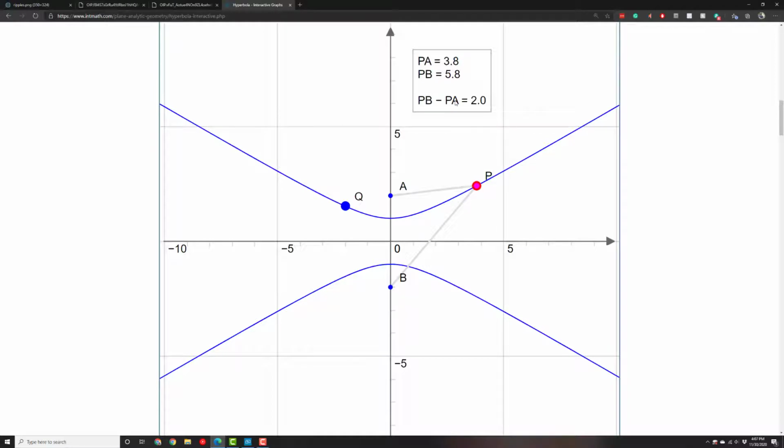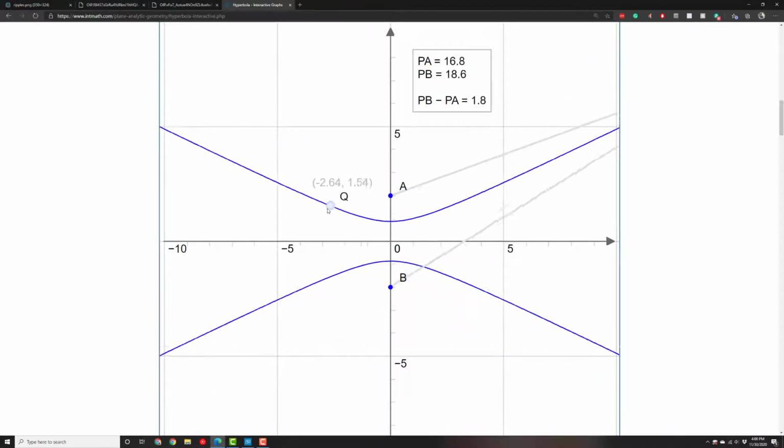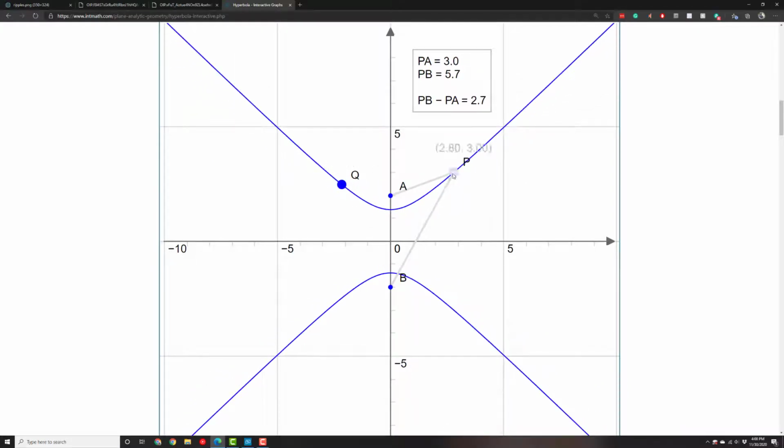The distance from B minus the distance from A is always 2 in this case. No matter where I drag this point, the distance from P to B minus the distance from P to A is going to be a constant of 2. Obviously, I could change that if I wanted to, but it would just define a brand new hyperbola.